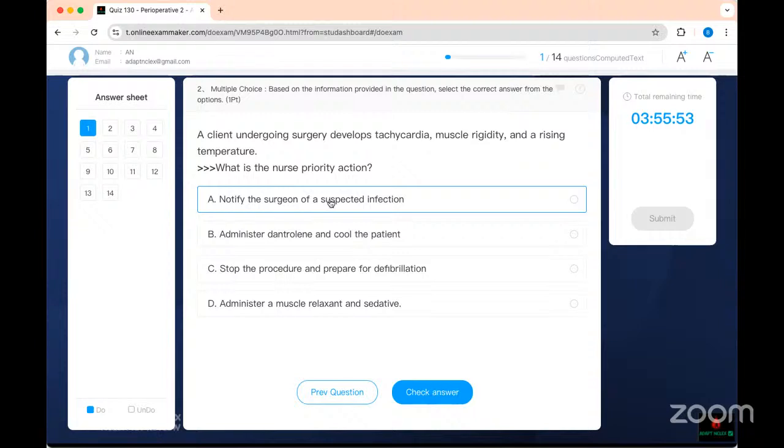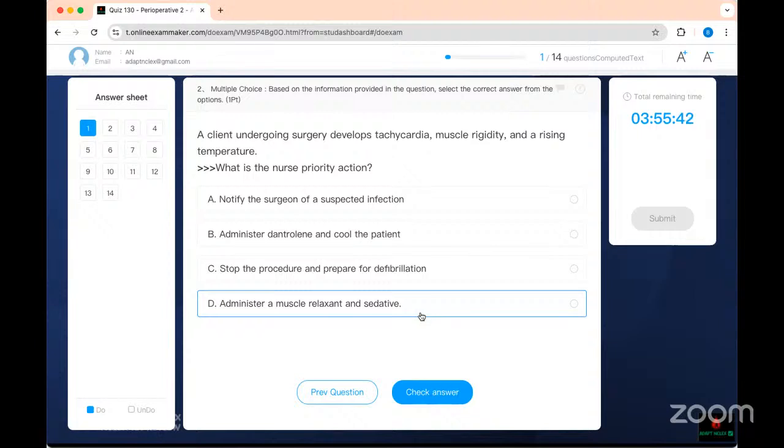If you pick this and you get it wrong, it's fine, except you are ignoring the fact that the question said priority, right? So the buzzword here is priority, and it's a client undergoing surgery. That's the key. Don't forget that a patient undergoing surgery means the patient is having surgery right now.